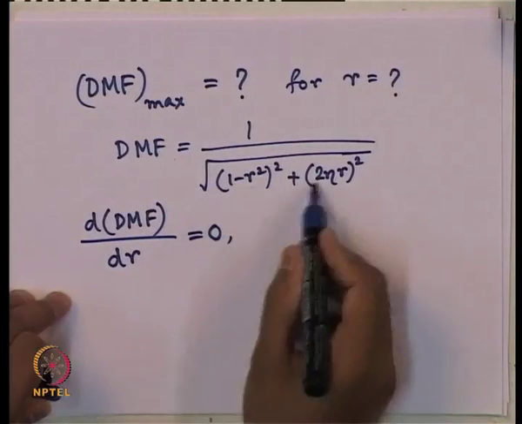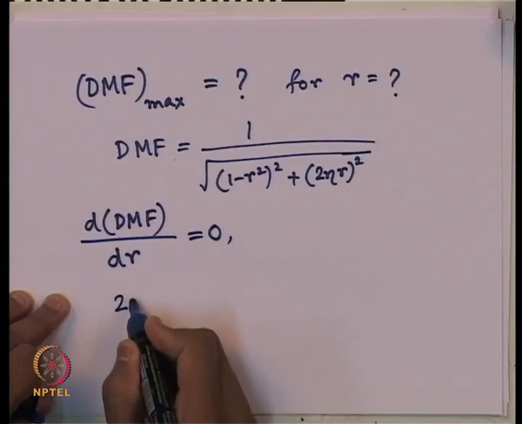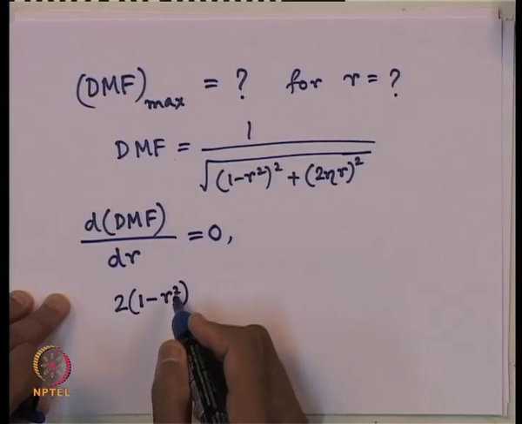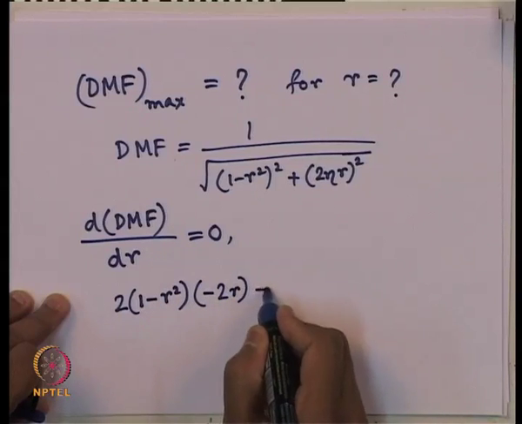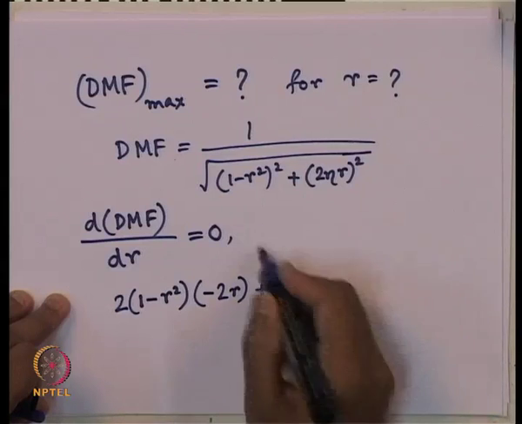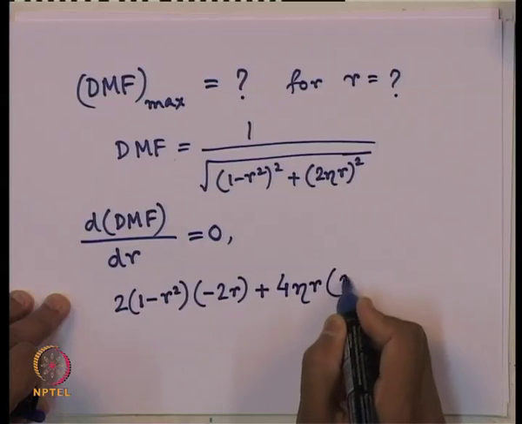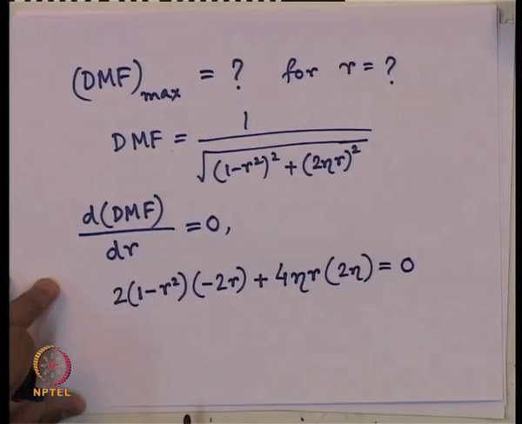By expanding the denominator, I can write it like this: 2 (1 minus r square) times minus 2 r plus 4 eta r into 2 eta equals 0, by differentiating with respect to r.